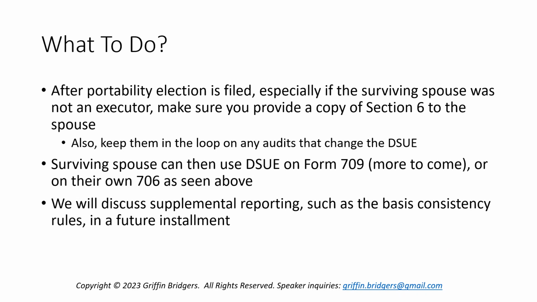They'll have to use that on their future 706 or even on a 709 if they file a gift tax return, because regardless of whether or not they intend to, remember there's an ordering rule that says if a surviving spouse has DSUI, they have to use that first as the credit against lifetime gifts before dipping into their own basic exclusion amount.